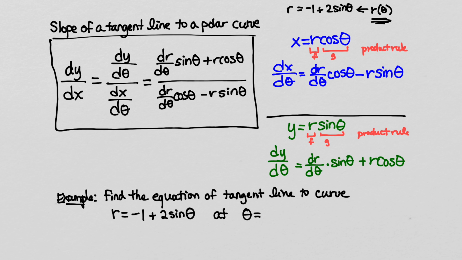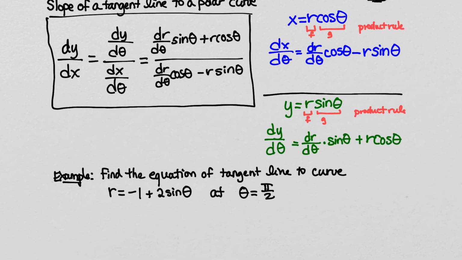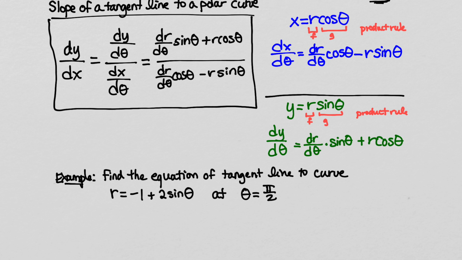what should I make it? I guess I could do pi. Let's do pi over 2. See if this works out okay. I have no idea what this is going to become. I probably just made it undefined there.